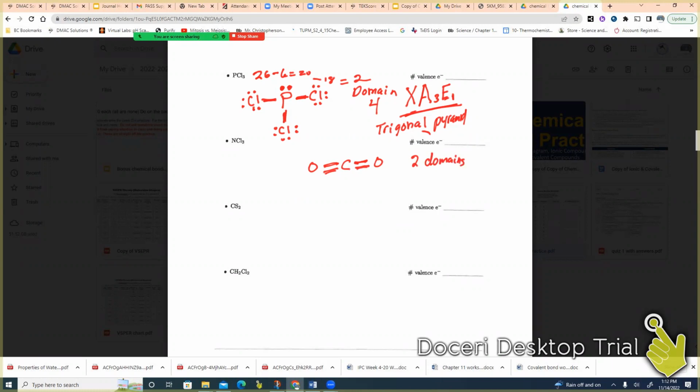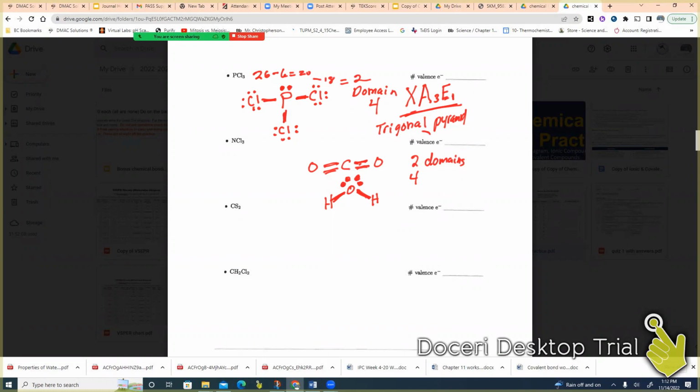It only has 2 things attached to it. Whereas I looked at it in water, we said this had a domain of 4, right? Because I have 1 bond, 2 bonds, so that's 2 things. 1, another lone pair, so that gives me 3, and then another lone pair would give me my 4. So any kind of bond counts the same, and then a lone pair counts the same.